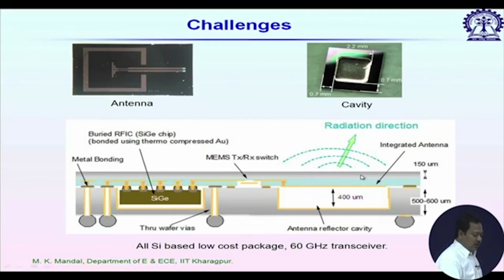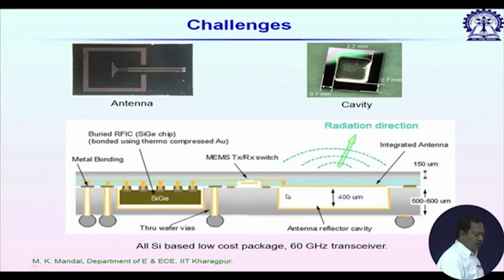Now, the second picture is showing a silicon based low cost 60 gigahertz transceiver. This antenna is now integrated in the single chip, where we have other components like low noise amplifier and switching and everything, all millimeter wave components.